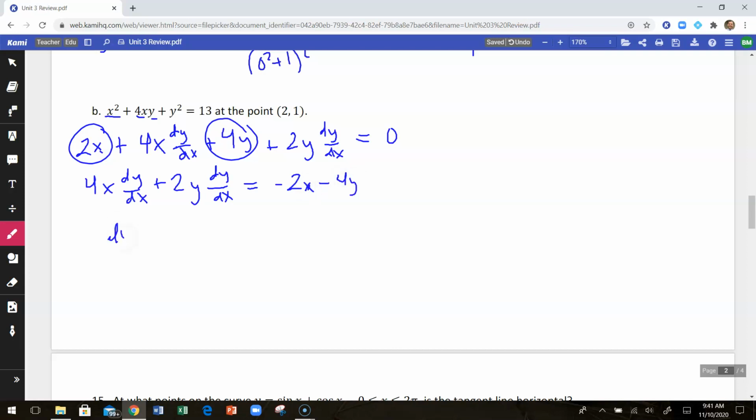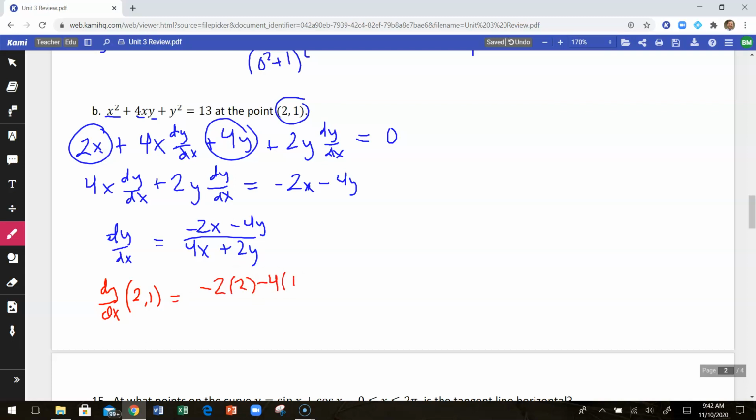And then again, we would factor out the dy over dx and then divide by what we would have left. So negative 2x minus 4y divided by 4x plus 2y. And then I want to evaluate that at this point. Okay, so I want to find dy over dx at the point (2, 1). So that's going to give me -2 times 2 minus 4 times 1 over 4 times 2 plus 2 times 1.